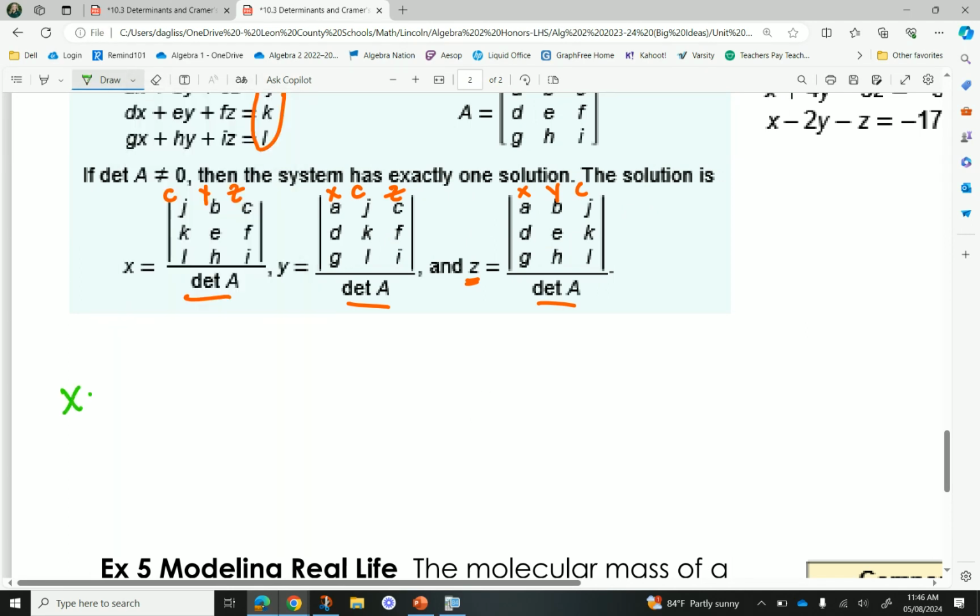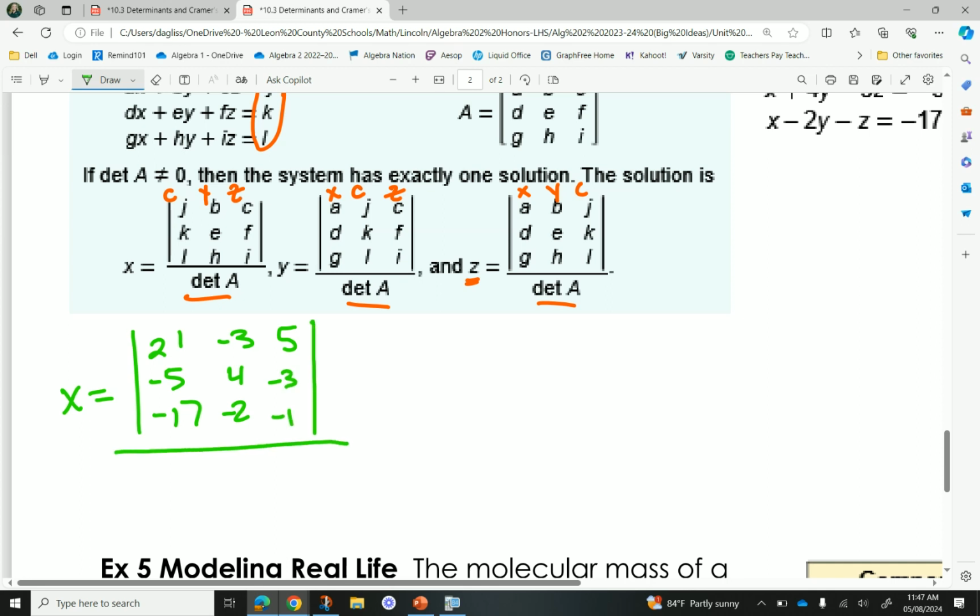So X is going to equal the determinant of our constants, which are what? 21, -5, -17. Okay. The coefficients for my Y's, which were -3, 4, and -2. And then the coefficients for my Z's, which were 5, -3, and -1.